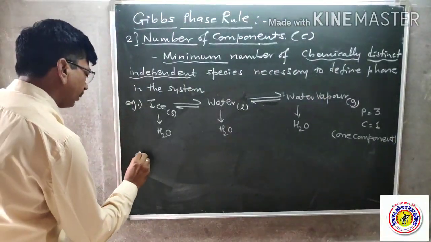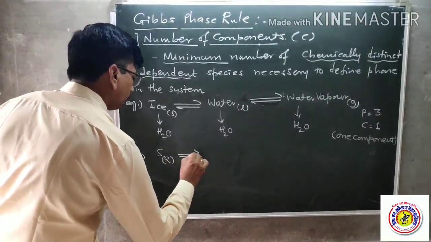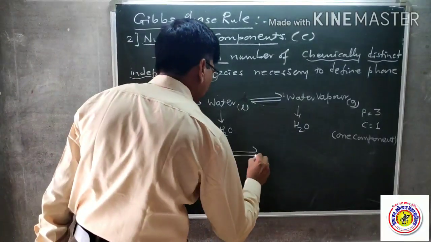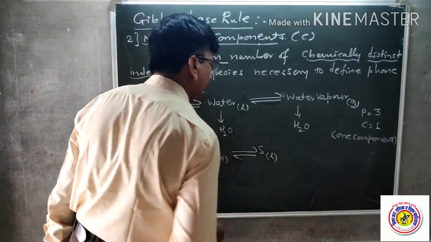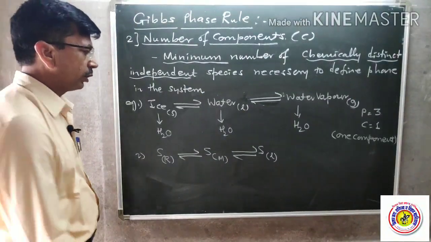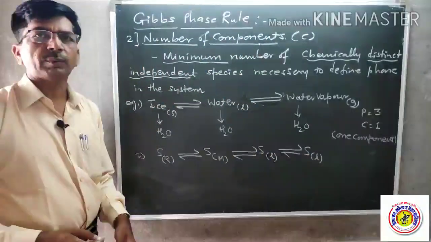Now we'll see another example, sulfur rhombic, when in equilibrium with sulfur monoclinic, which is in equilibrium with sulfur liquid. Sulfur liquid, when heated again, exists as sulfur vapor.